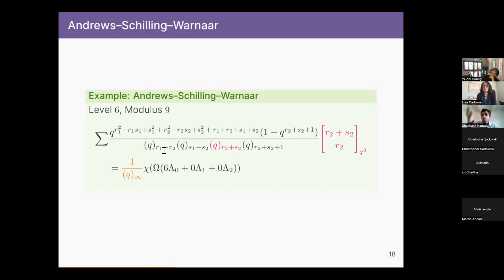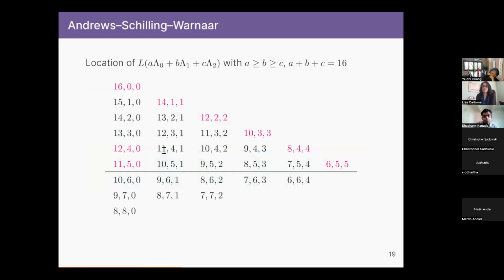They discovered all this using their Bailey lemma, the A2 Bailey lemma, I should say. Let's take an example: level 16, and let's write down all the standard modules at this level. Then Matthew and I realized that this is the correct way to arrange them in this triangular shape.